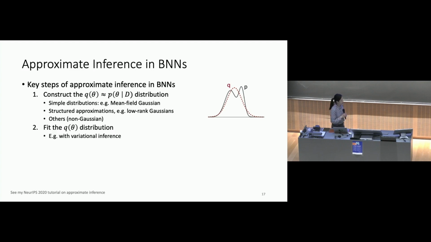The second step is to fit this Q distribution to your exact posterior with some method, and in particular today we are going to focus on variational inference. Hopefully you've heard about this in the last few days. We are going to repeat it, just to make sure you remember this very important concept for probabilistic machine learning in general.